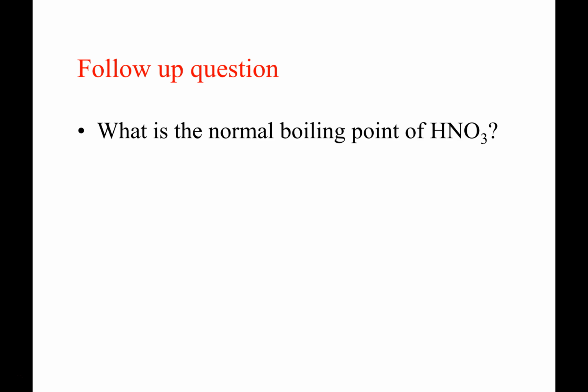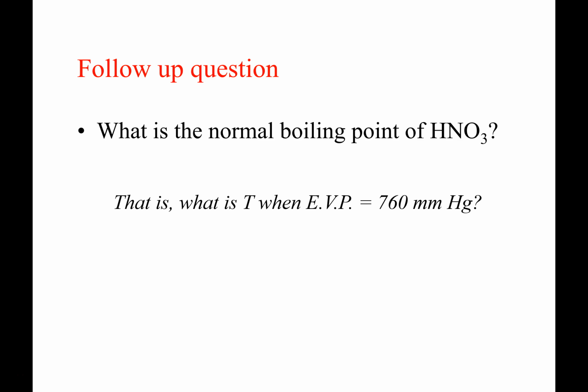Okay, so we're going to use our plot to tease out this information. In order to use our plot, it's kind of like we did before. Our Clausius-Clapeyron plot doesn't have the equilibrium vapor pressures, it has the natural log of the equilibrium vapor pressures.